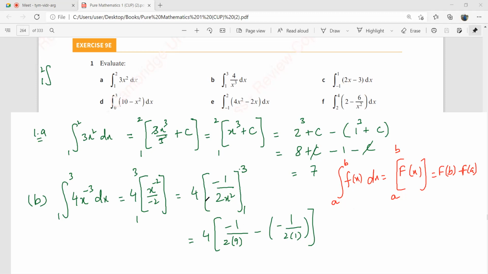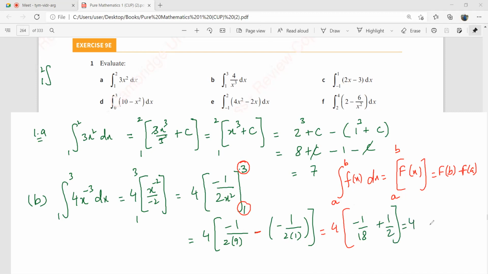As I have done it here, I first of all substituted this 3 into this x here, and then there's a minus sign, and then I put that 1 into this integral here. So this is 4 into minus 1 over 18, and then plus 1 over 2.